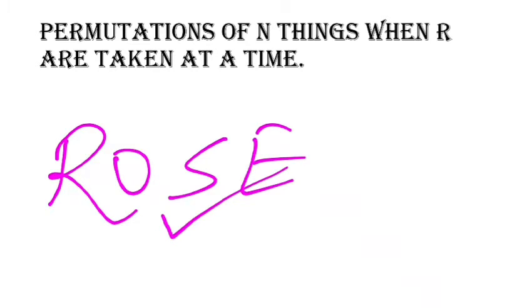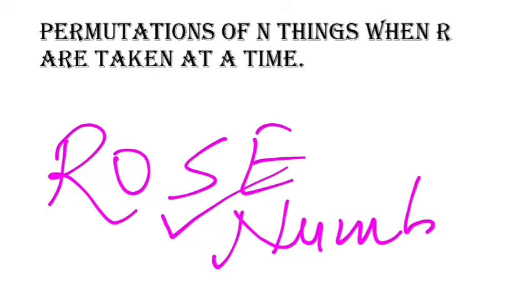Now if we have to determine the number of 3 letter words, with or without meaning, which can be formed out of the letters of the word NUMBER, where repetition of the letters is not allowed, we need to count the arrangements NUM, NMU, MUN, NUB, etc. We are counting the permutations of 6 different letters taken 3 at a time.